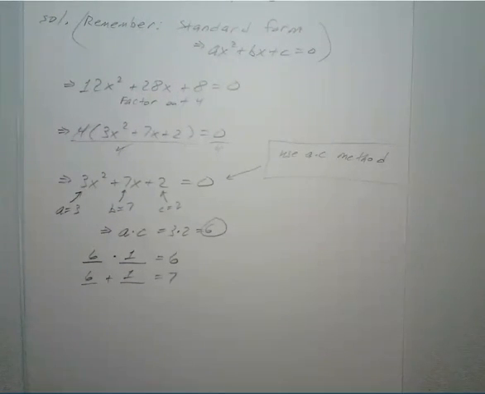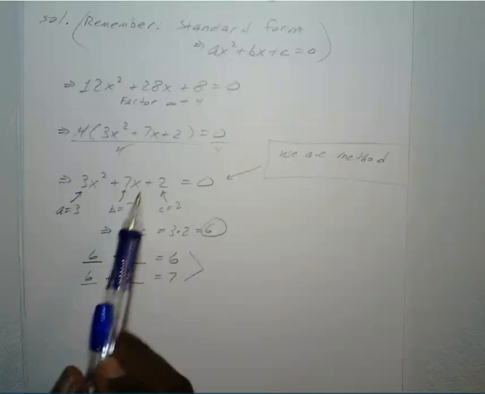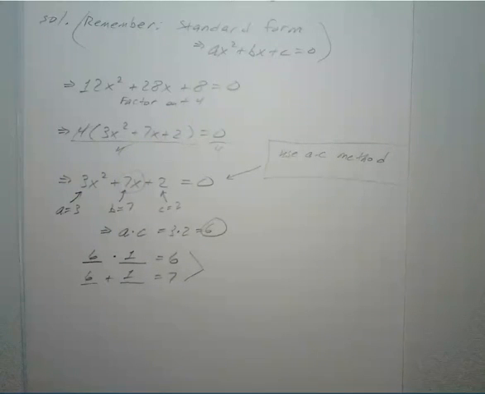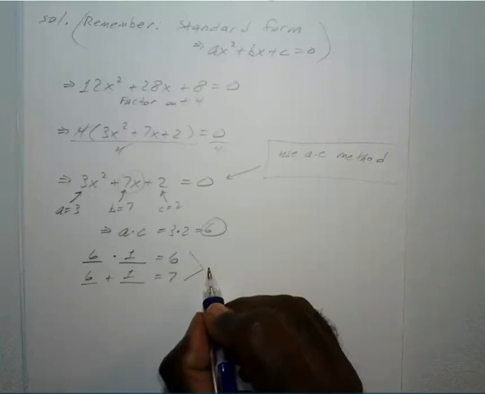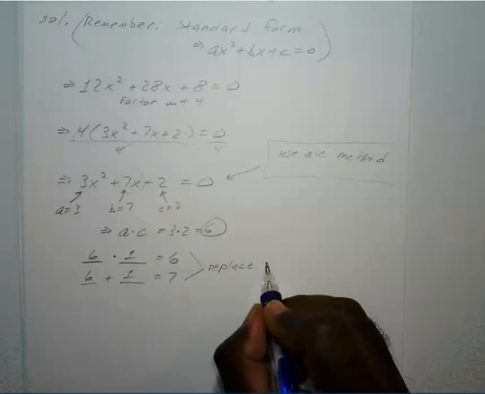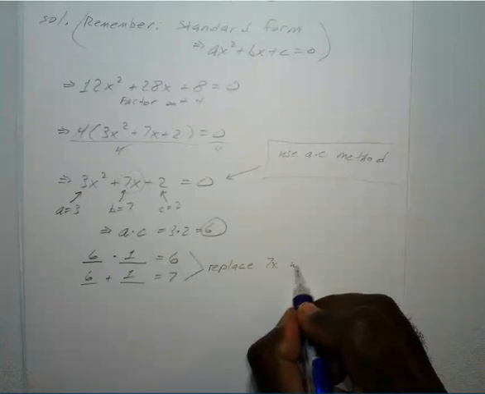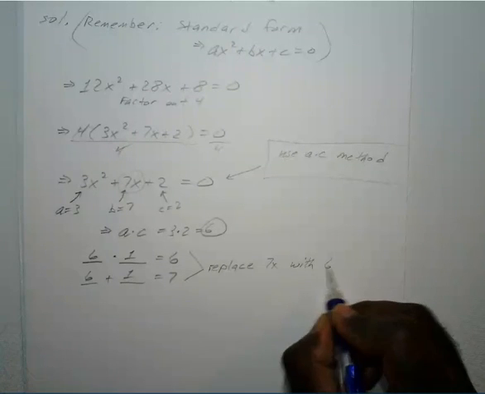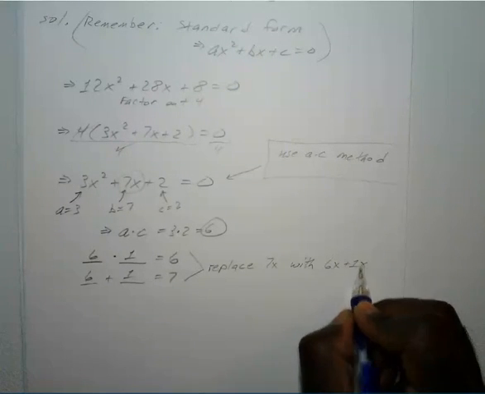Okay, now remember, with the a times c method, as soon as you get to this part, you replace your bx term. So you replace 7x with 6x plus 1x.